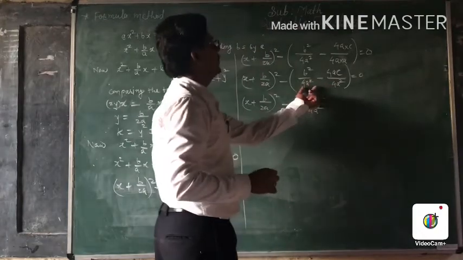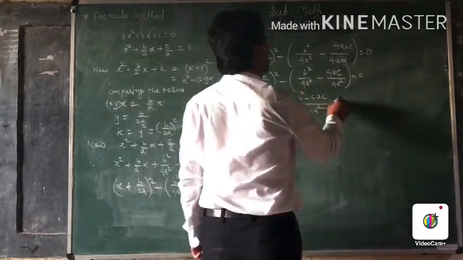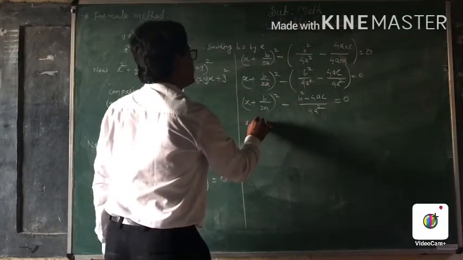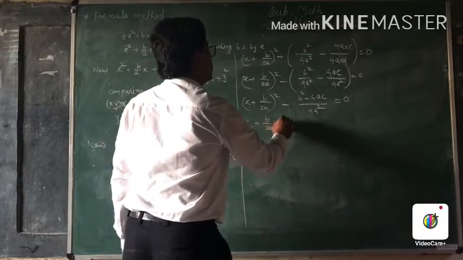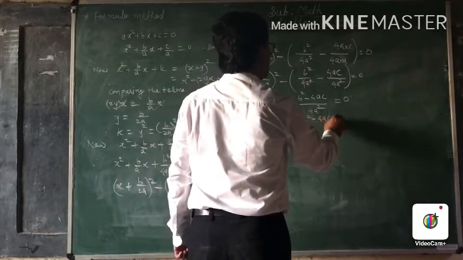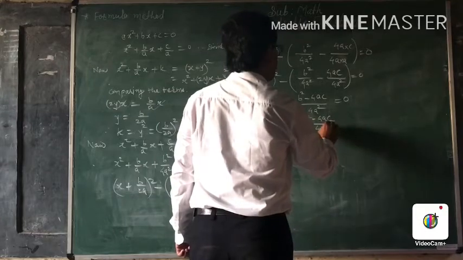The denominators are the same here, is equal to 0. Transfer this term: x plus b upon 2a is equal to b square minus 4ac upon 4a square.